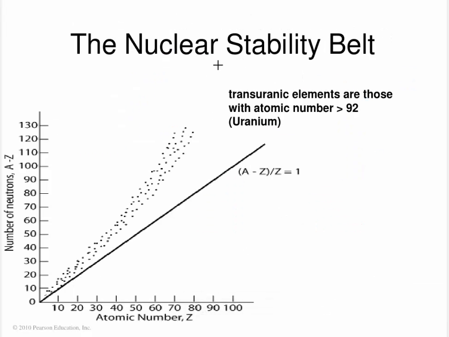Now, with those two things in mind, we can talk about the nuclear stability belt. And what I mean by that is, suppose we were to take a look at the atomic number, and the atomic number would increase as we increase the number of protons. And as we did that, we're going to have to add on more neutrons in order to hold these protons together. That kind of makes sense. But as we do so, we're also making this element bigger.